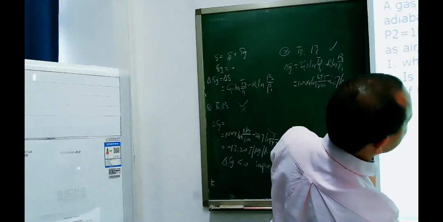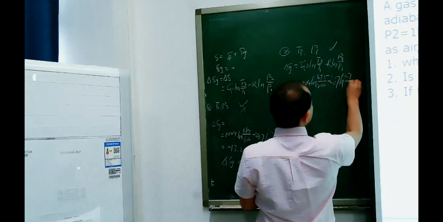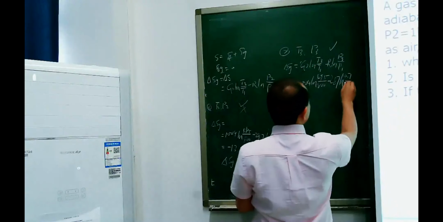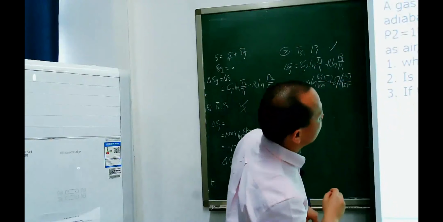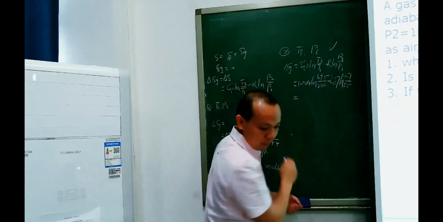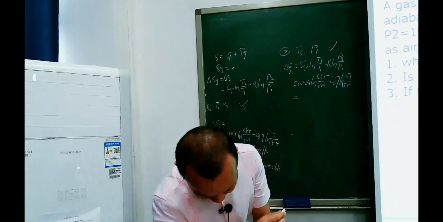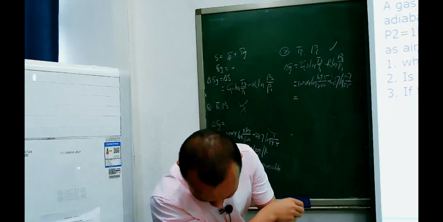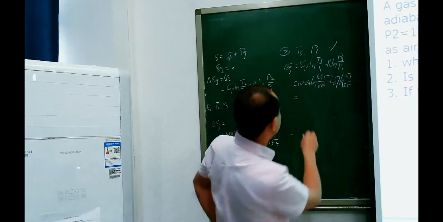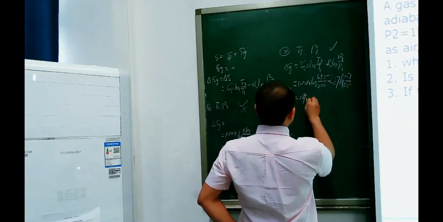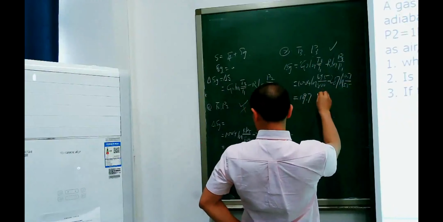P3 is 0.7 and P1 is 5.5. And then we can get a result. The result is maybe 109.7. Yes.